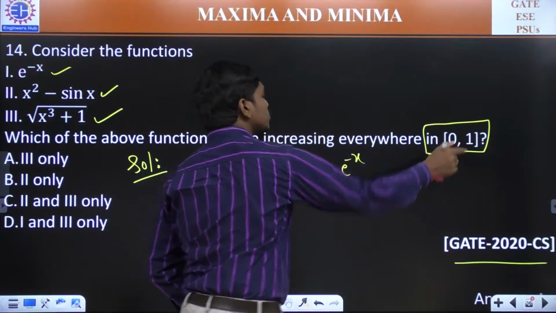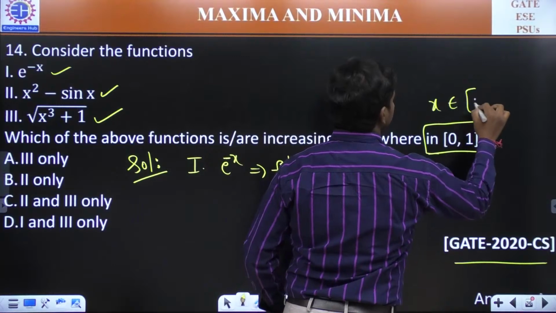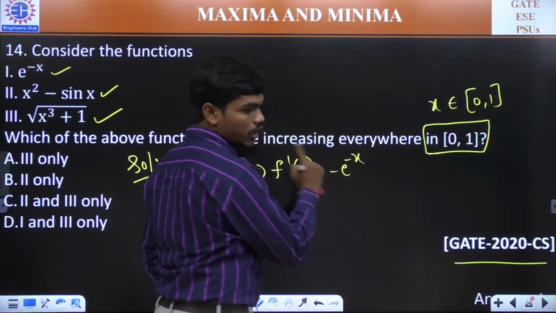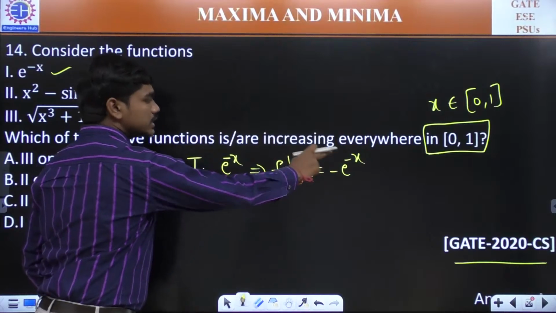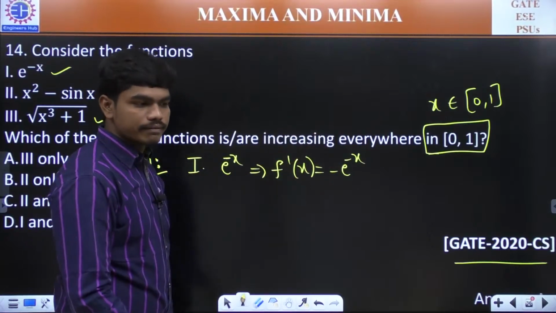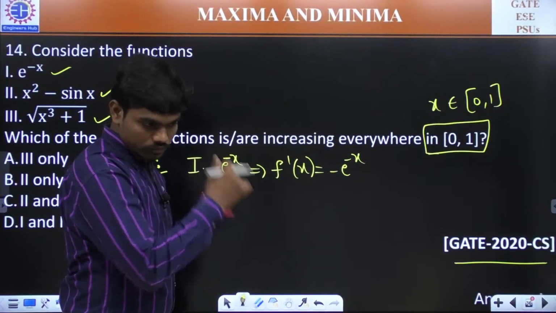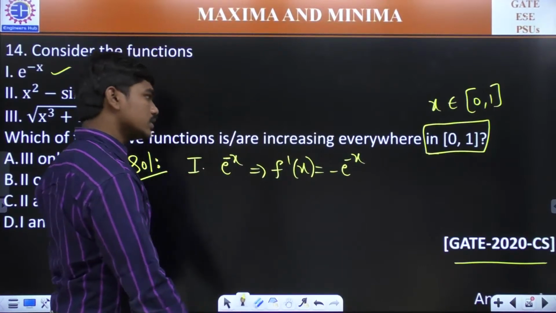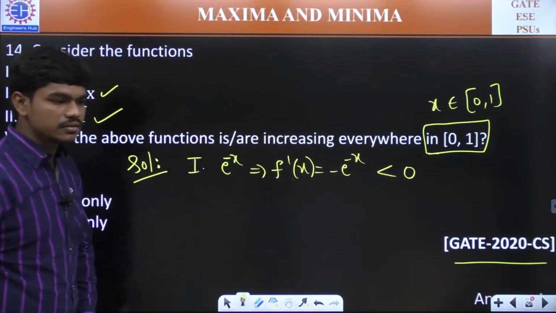Now, in these values of x, that means if x belongs to the closed interval 0, 1, is this positive or negative? Please tell me. Or for any value of x in general, is this f dash of x positive or negative? All of you please respond. It is negative.